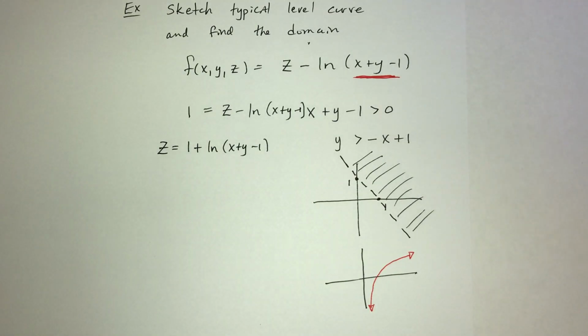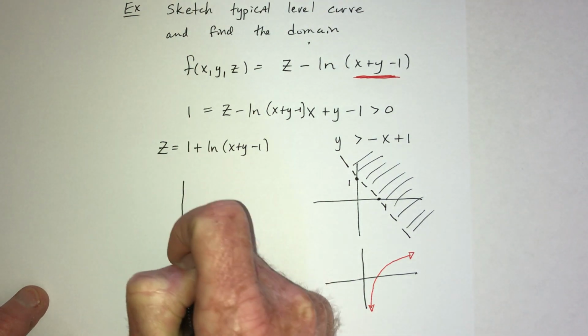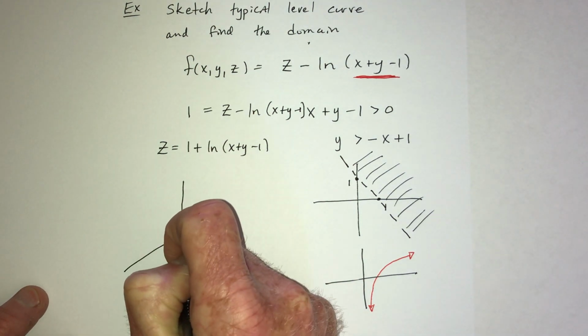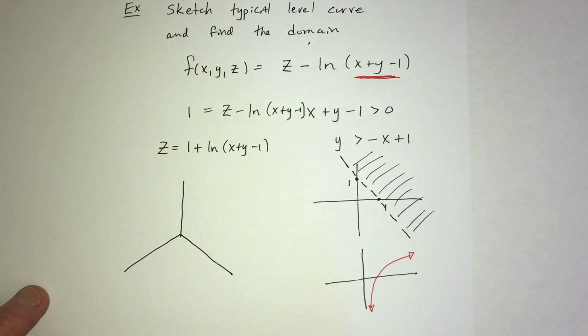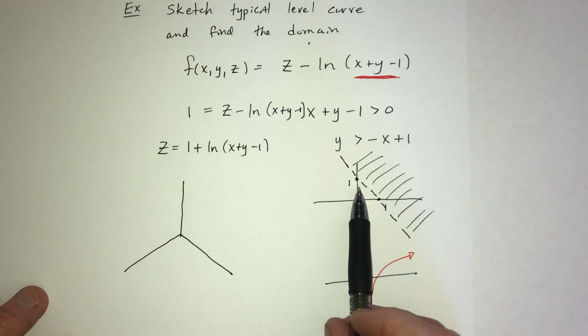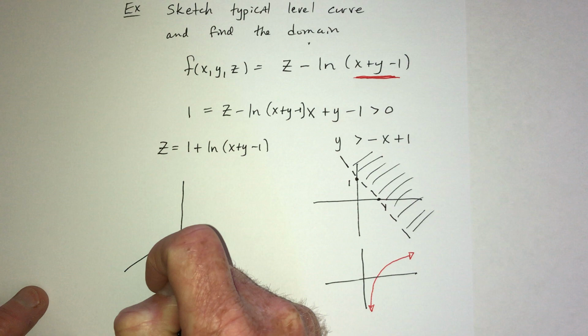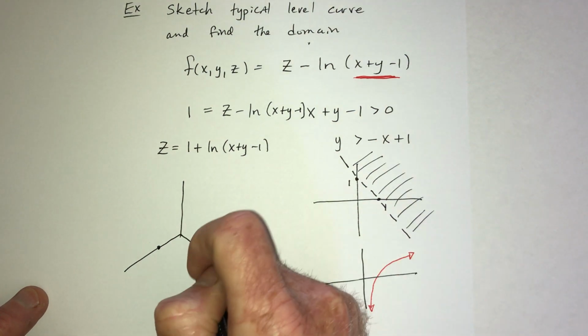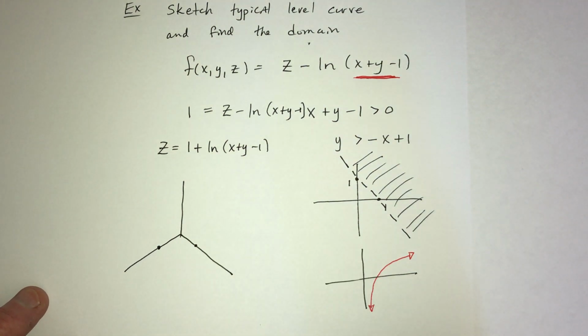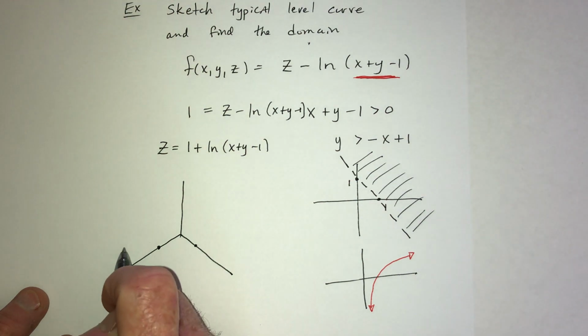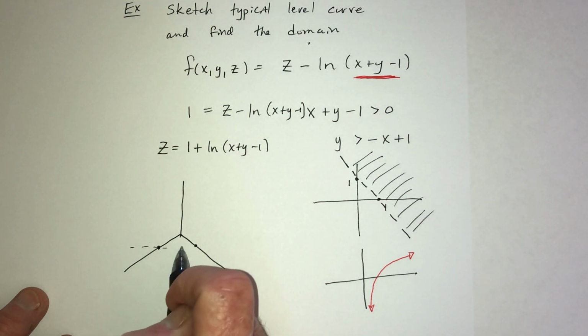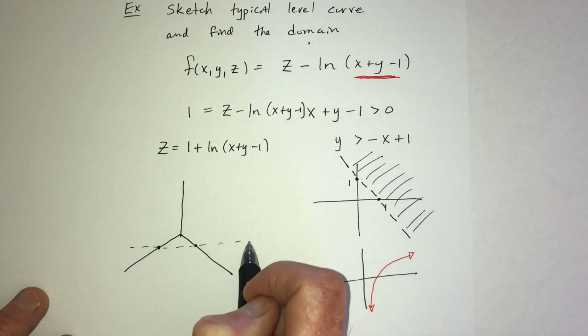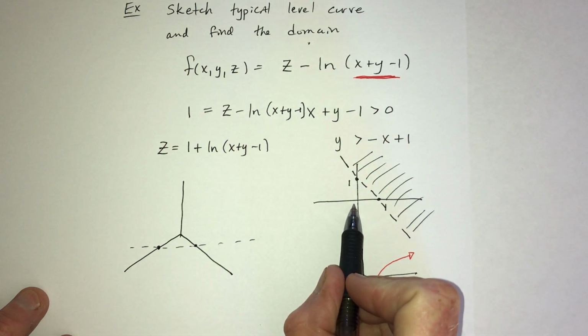The camera didn't really like that. I was trying to focus. So x is 1 and y is 1. And then if you make a dotted line over here, it's not going to exist.